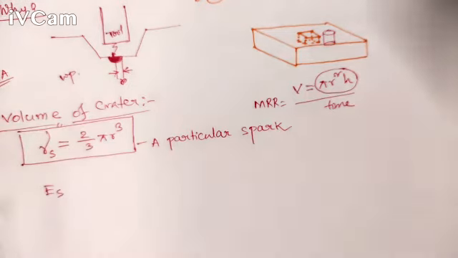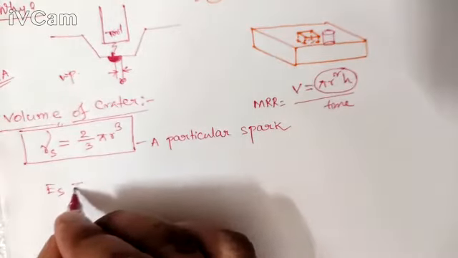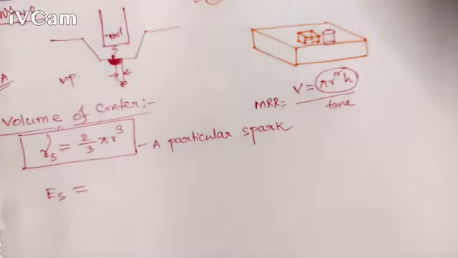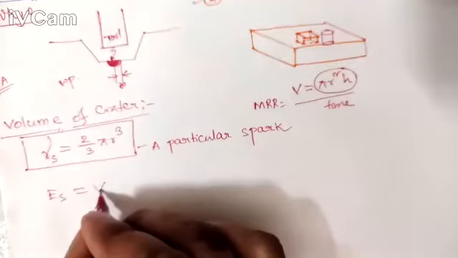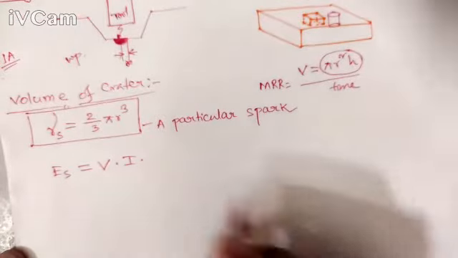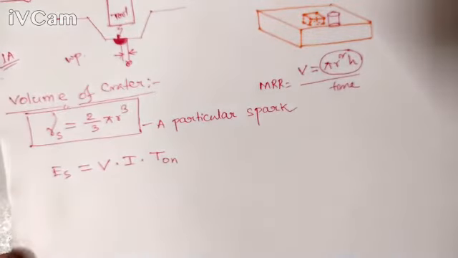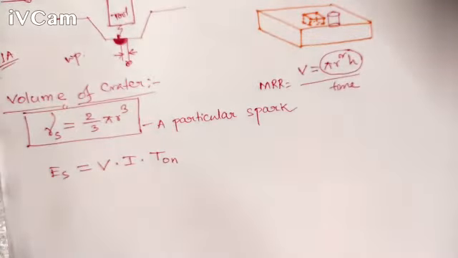How can we find it out? It will be the product of the voltage, the current, and the duration for which the pulse was given, which is nothing but t on. So this is another one.